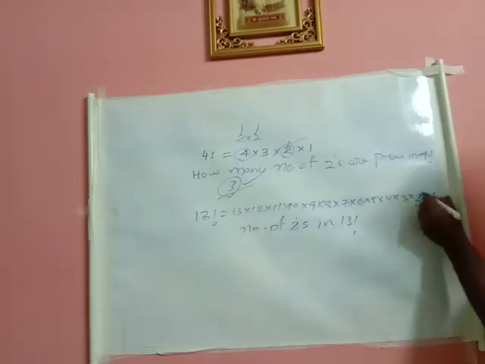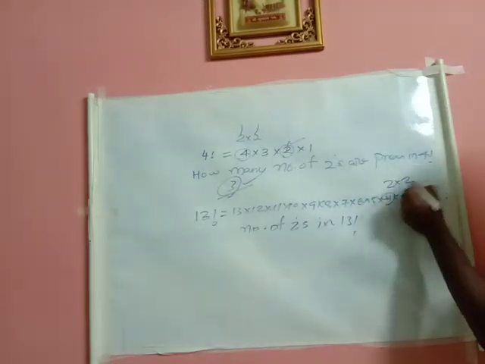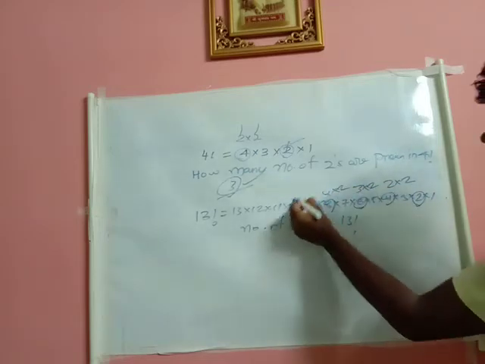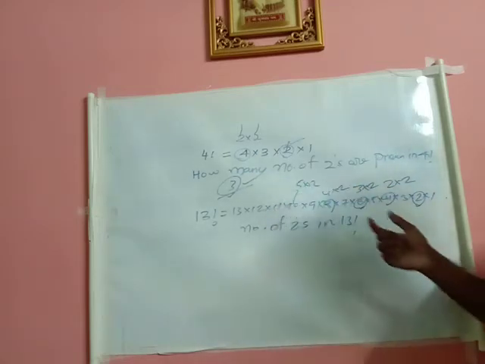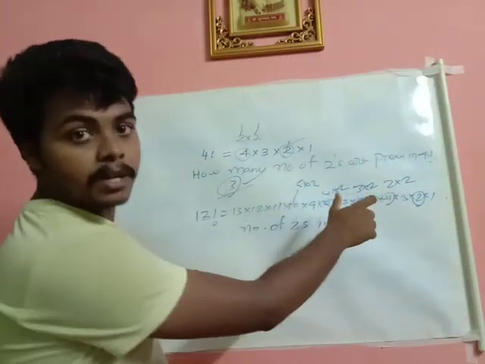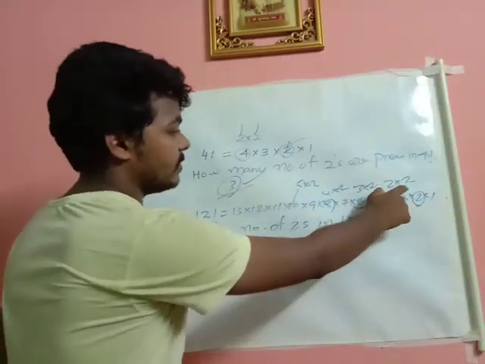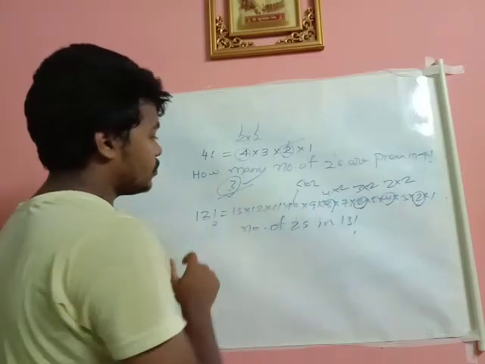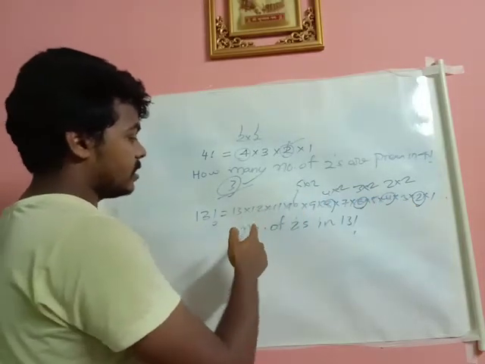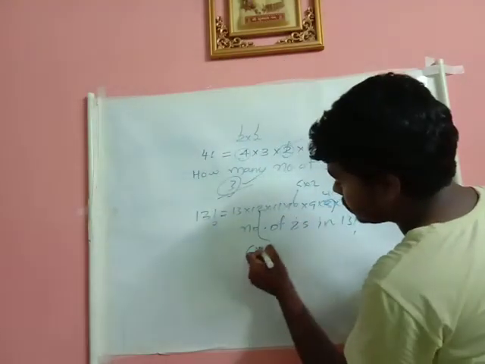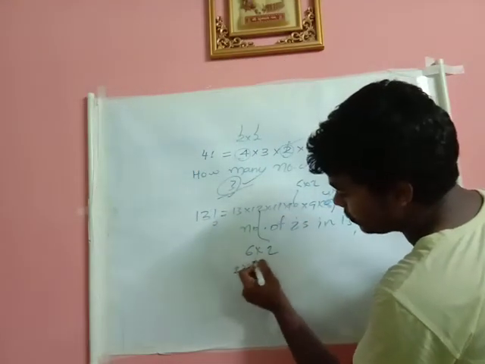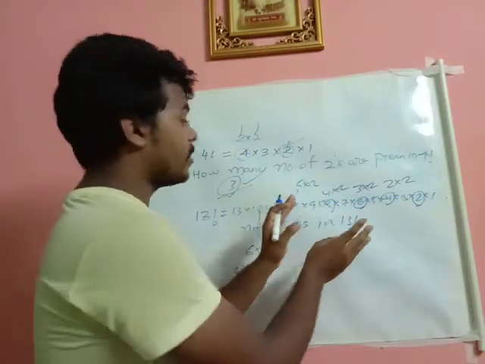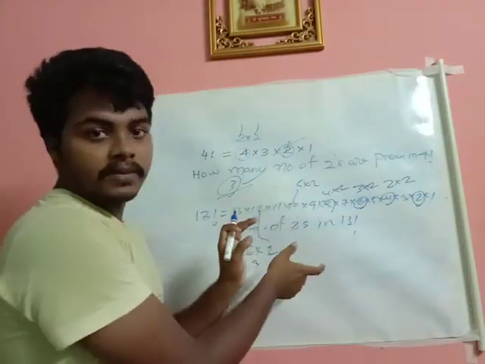Now see, this is my 2. 4 can be written as 2 into 2. 6 is written as 3 into 2. 8 is written as 4 into 2. And 10 is written as 5 into 2. So initially, is it becoming complicated or not? Because I'm getting more 2's here, I cannot count all these things, right? 12 can be written as 6 into 2, and again 6 is written as 2 into 3. So finding the number of 2's in 13 factorial becomes a difficult part for me.